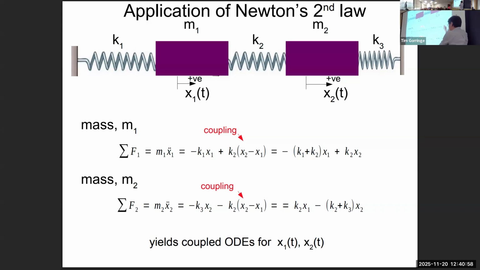So these are our coupled differential equations. Look, the coupling's occurring. This first equation involves the second order differential of x1, but it contains the function x2. So that's the coupling. The lower equation contains the second order differential of x2, but it contains x1 in it. So that's the coupling there.